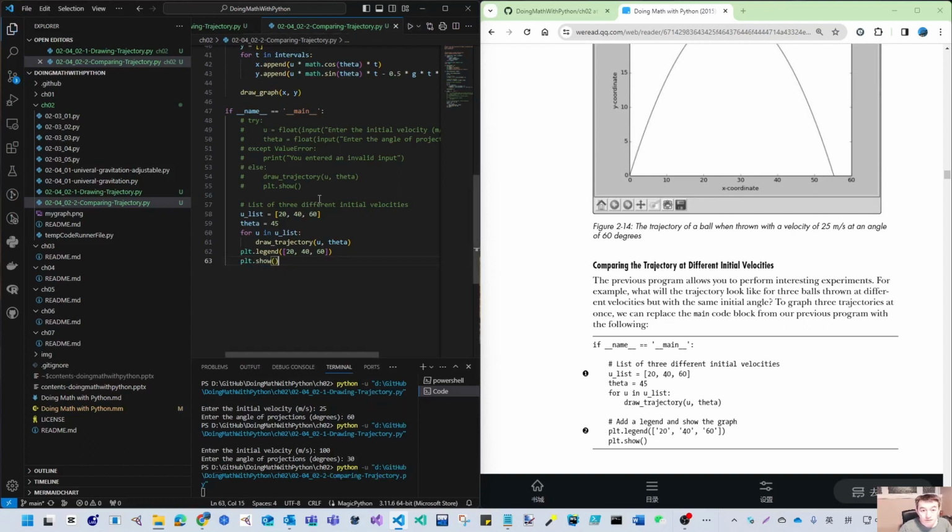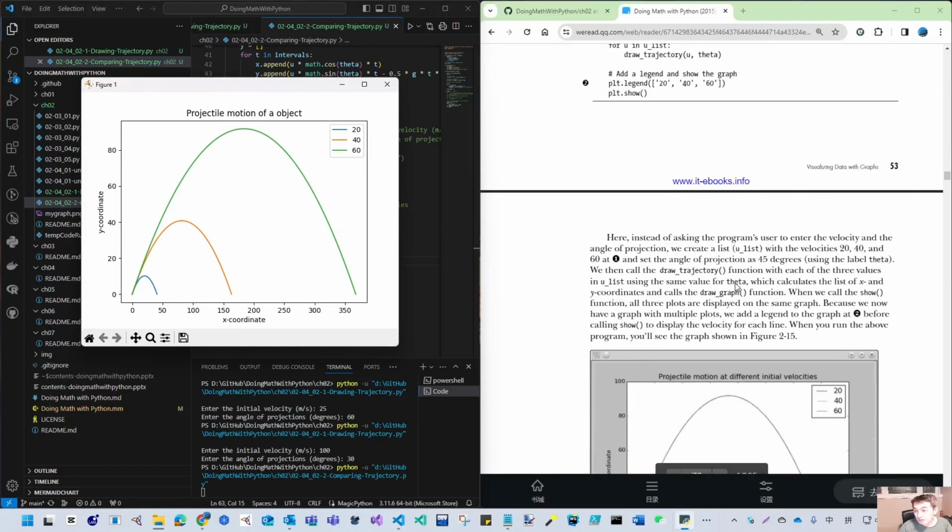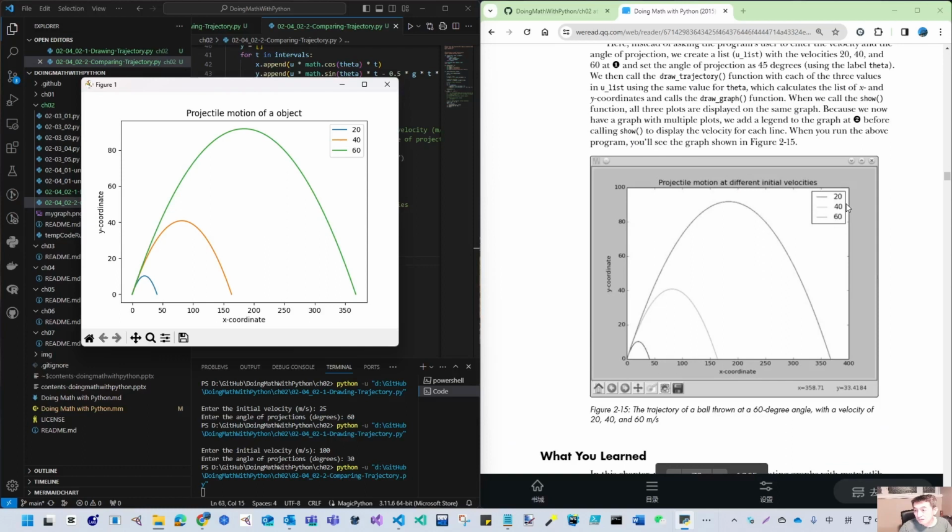Let's run. Yeah, you can see here I got this legend. When the velocity is smaller, it does not go so high, and if the velocity increases, it gets higher and goes even farther away.